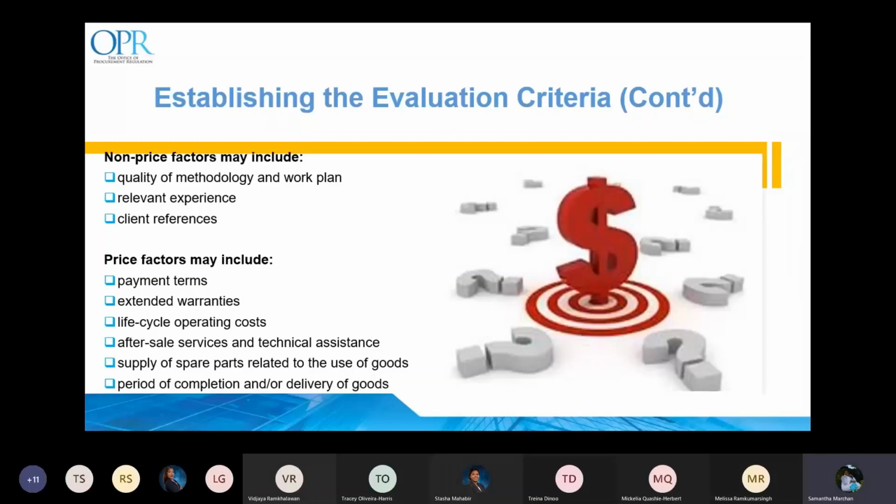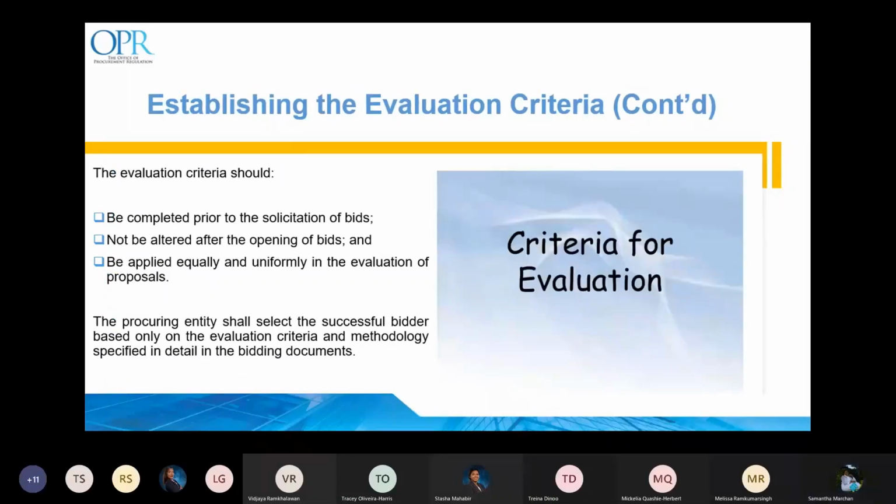The evaluation criteria should be disclosed in the solicitation, not be altered after the opening of bids, and be applied equally and uniformly in the evaluation of proposals. The procuring entity shall select the successful bidder based only on the evaluation criteria and methodology specified in detail in the bidding documents.